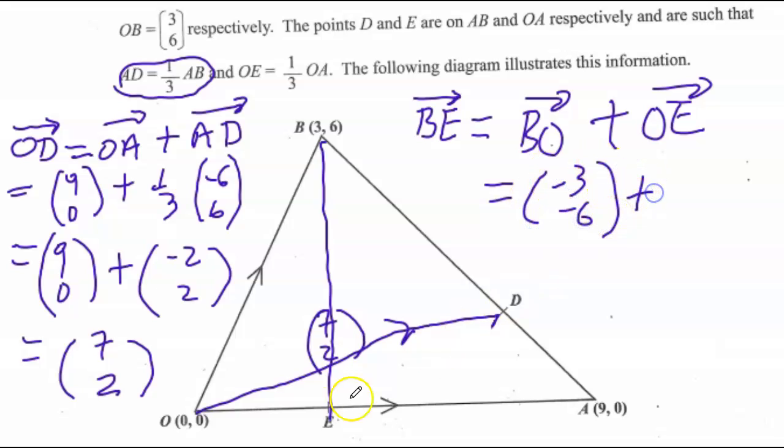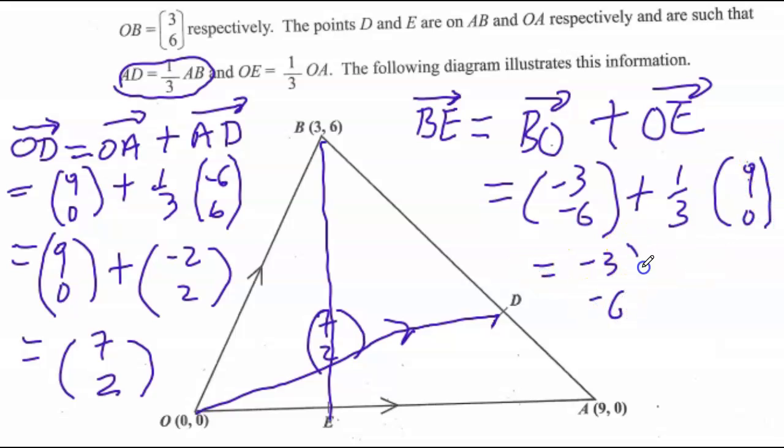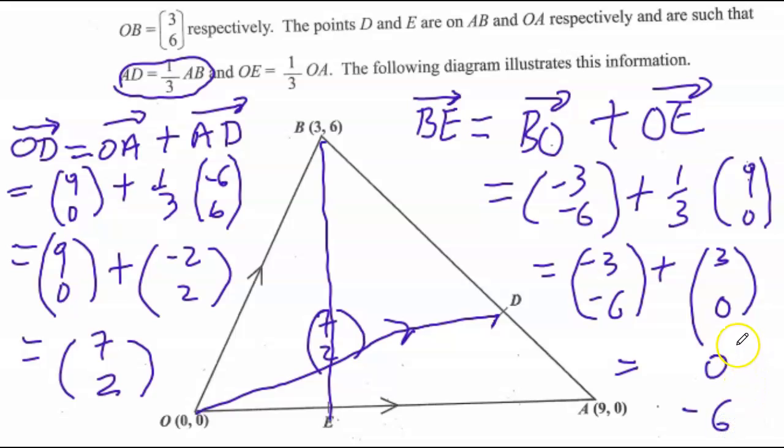And then OE is a third of OA, and OA was 9, 0, so it's a third of 9, 0. So this is minus 3, minus 6, plus a third of each number. A third of 9 is 3, a third of 0 is 0. So we end up with negative 3 plus 3, that's 0. Negative 6 plus 0, that's negative 6. So BE is 0, negative 6.